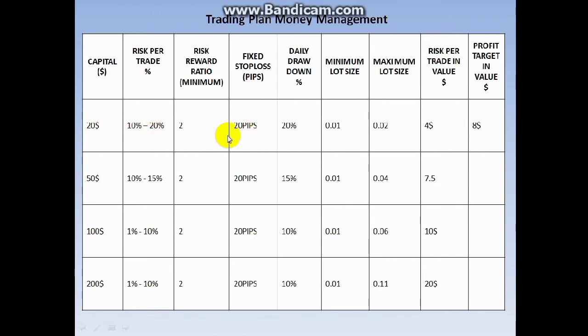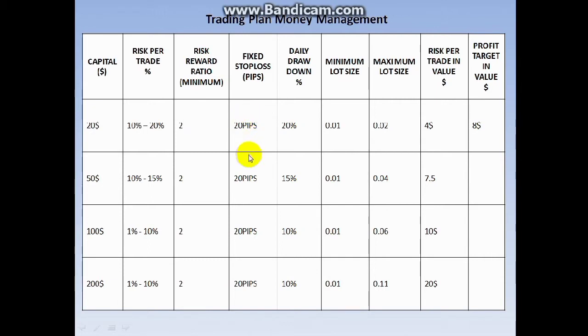Trust me, I haven't even used up to a 20 pip stop loss once, but I'm just saying this for an example. Your stop loss could be lower than that, it could be 10, it could be 5. But I'm just assuming that the maximum stop loss you are having is 20 pips. That's the fixed stop loss we are going to be using throughout this trading plan money management series.